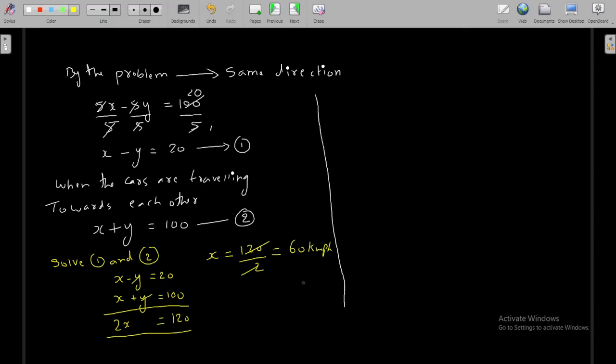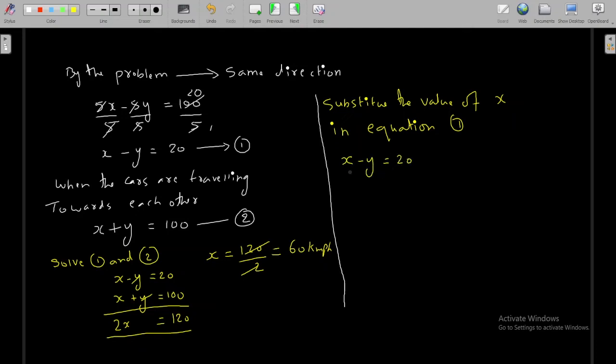So now I got the value of x. So I will substitute this x. Substitute the value of x in equation 1. So I will get x minus y is equal to 20.